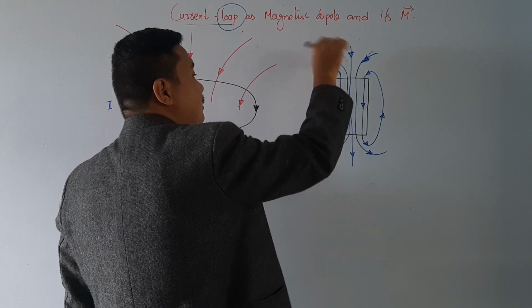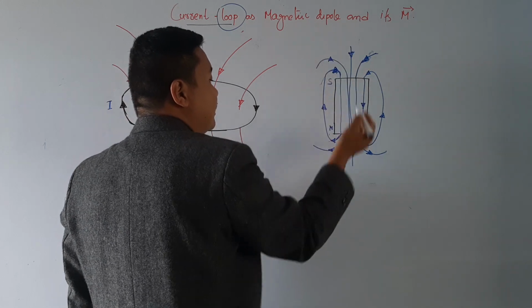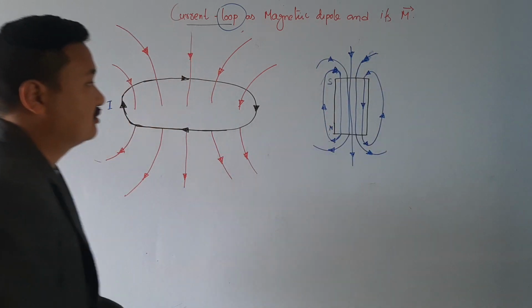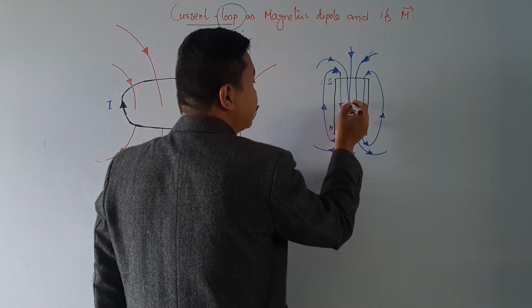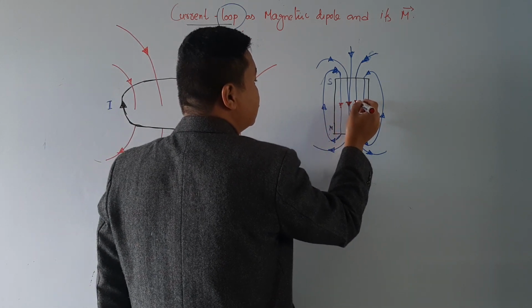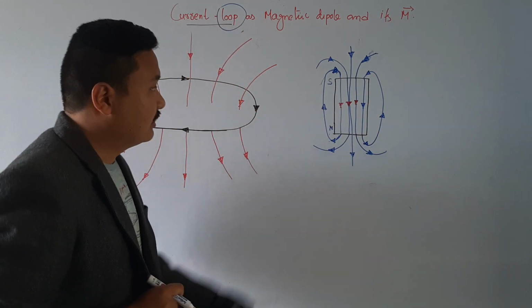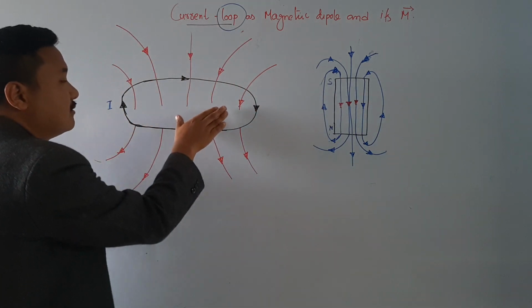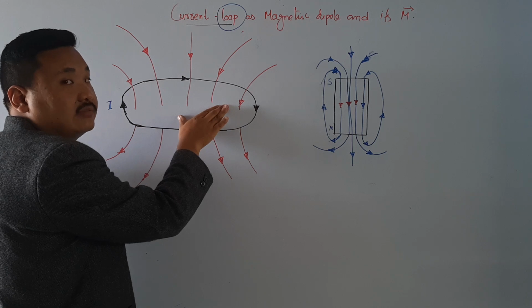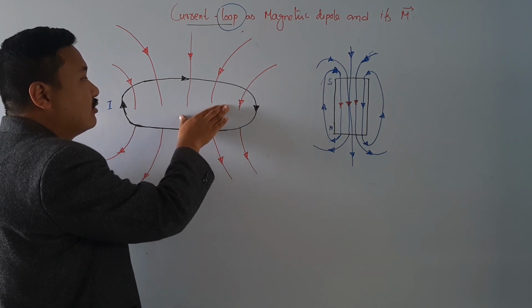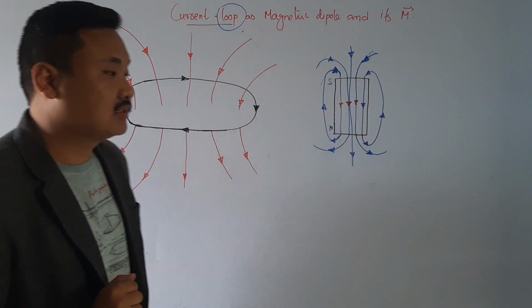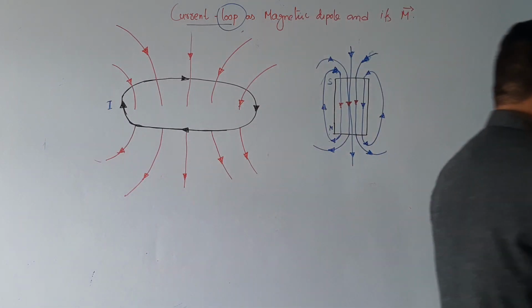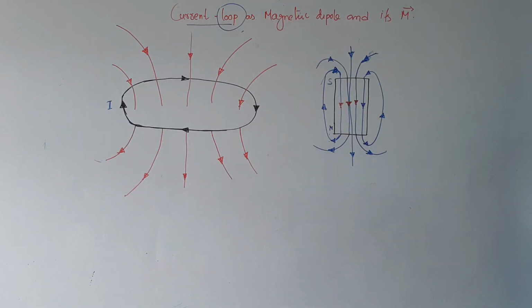So the field is outgoing from the north pole and entering the south pole, and inside the bar magnet the magnetic field direction is from south pole to north pole. So here also the direction of the magnetic field is going from the upside to the downside like this.